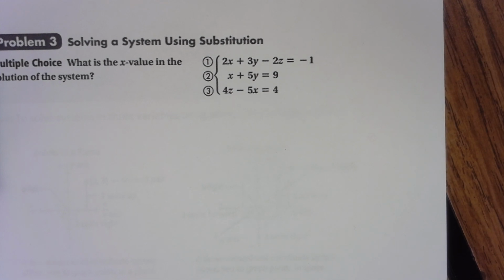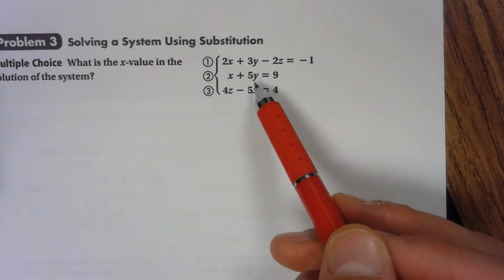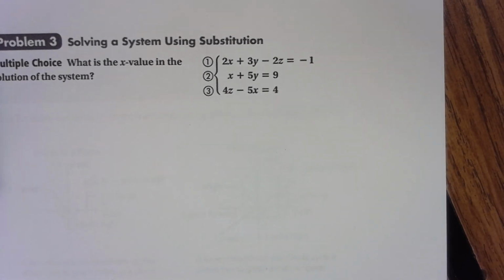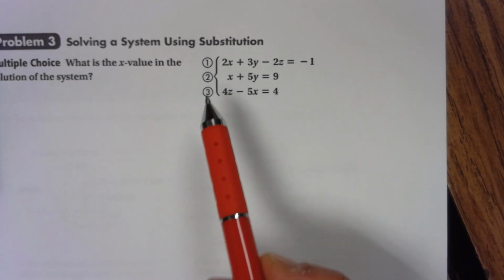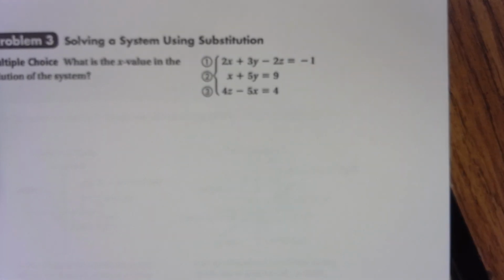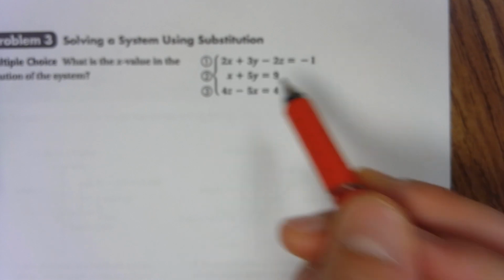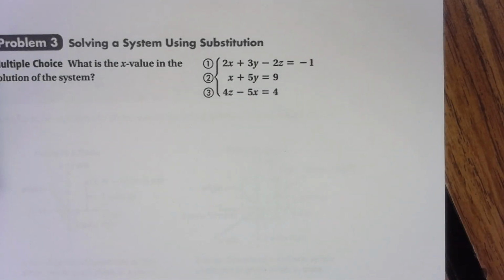So what I'm thinking is I want to create a second equation that either has x and y or z and x. So we need to use equation 1, and then let's pick one of the equations we want to match it up with. Let's go with equation 2. So I want to work to get a second equation that has x's and z's.